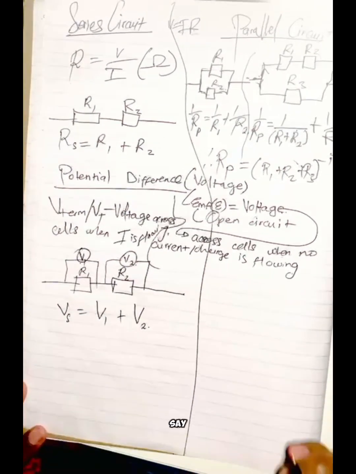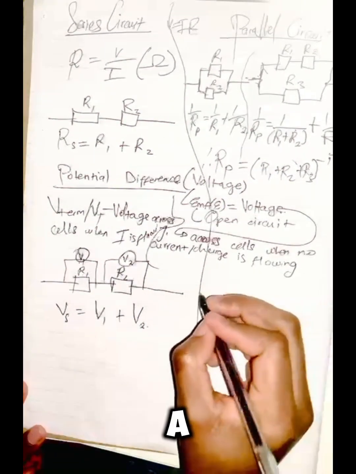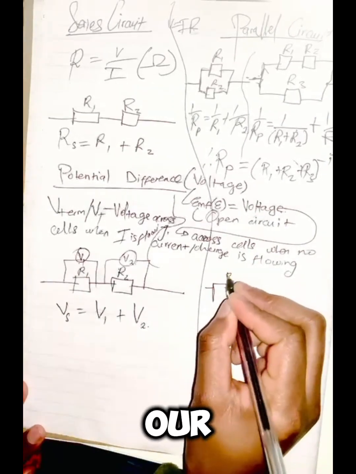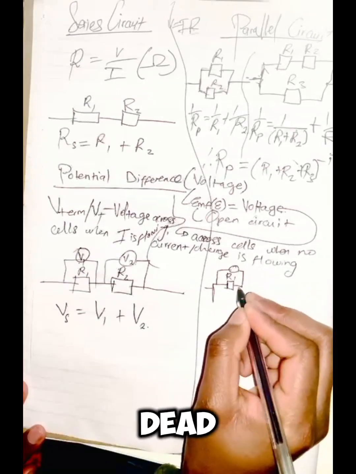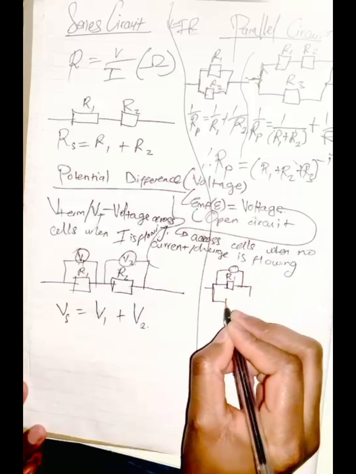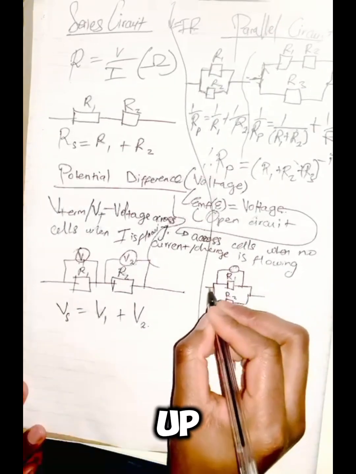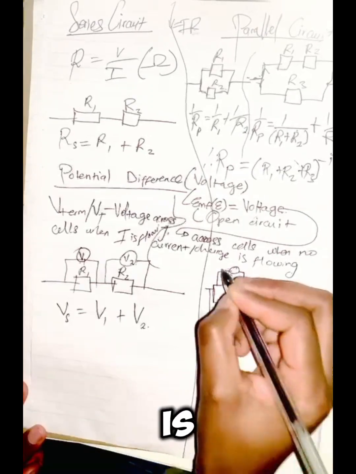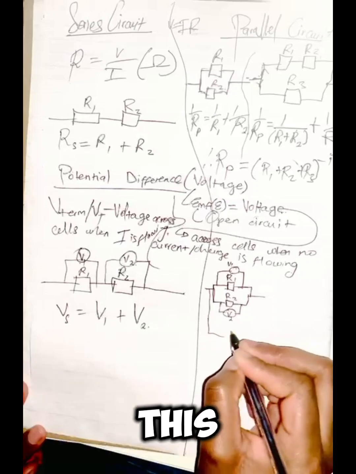And then we say that we have a parallel circuit. So in a parallel circuit, we have R1 with its own voltmeter, right? And then we have R2 with its own voltmeter, and then this is V1, this is V2, and then this is V3.